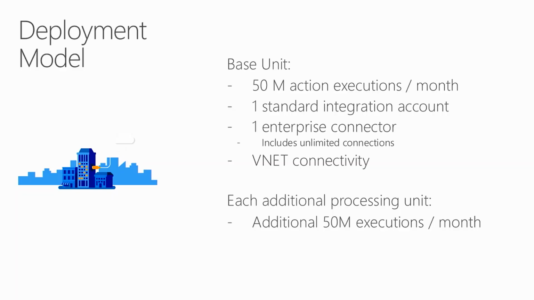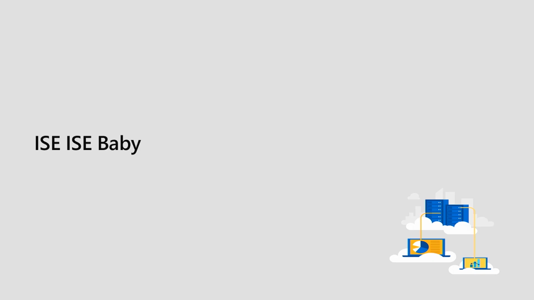They're not billed at enterprise connector prices yet until they become GA, but they will be soon. And then VNet connectivity. All that comes with the base unit. If you want more processing through the month, you can buy extra processing units, and you get an extra 50 million on top of that. You want to see it?